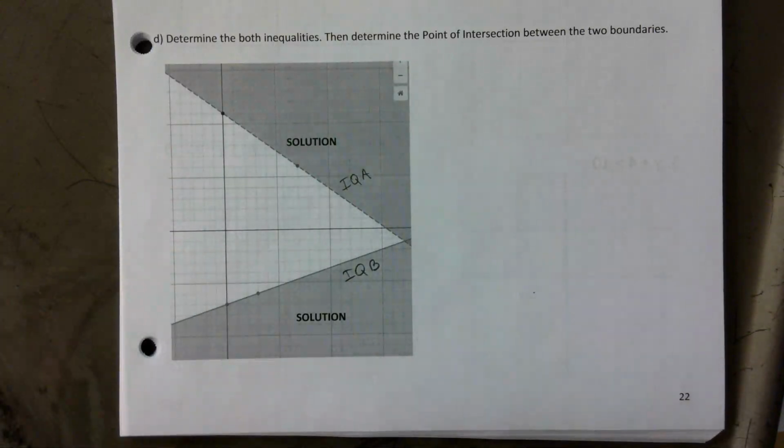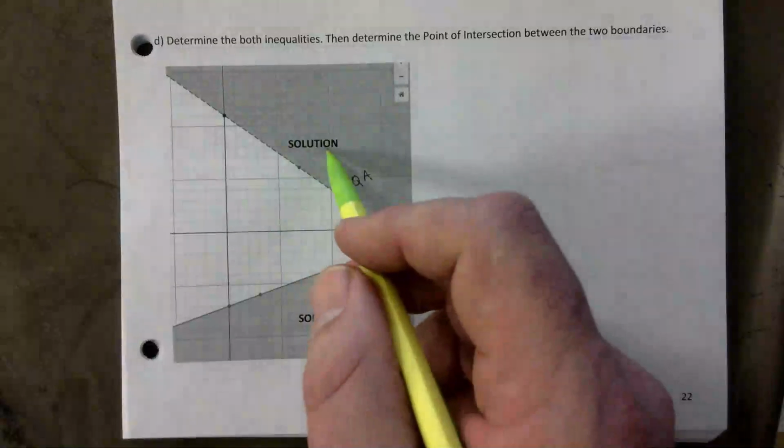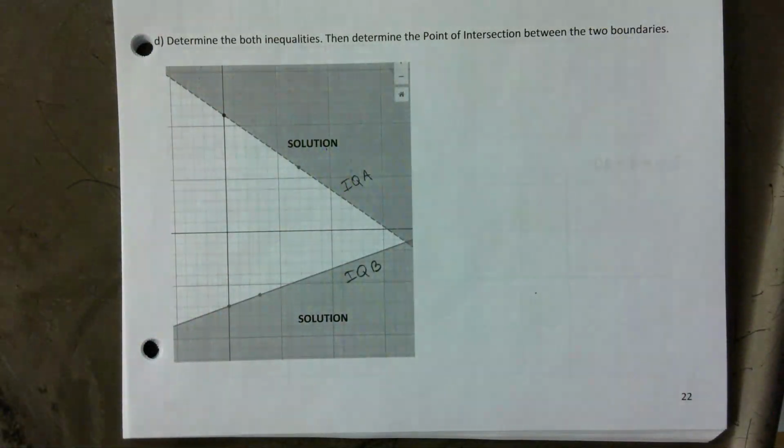By the way, if I asked you before anything else what kind of shading has been used, regular or reversed, what would you say? Regular, because for both of them, the true region has been shaded. That's a good observation to make.